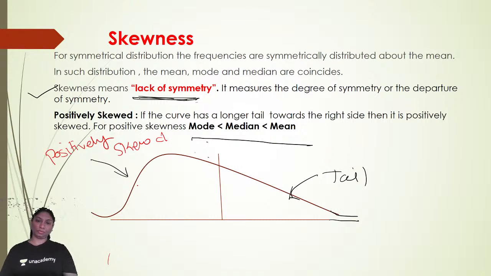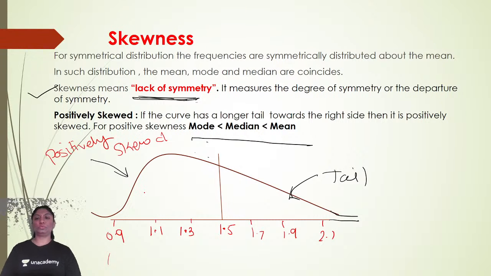This is positively skewed. Now see the data of the students. Suppose the heights of students are given in meters. Here 1.5 is the central value, then 1.3, 1.1, 0.9, and on the other side 1.7, 1.9 and 2.1. Suppose the heights are distributed like this.